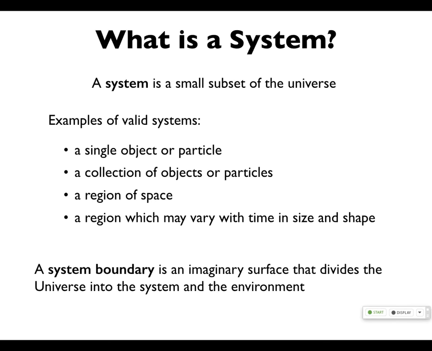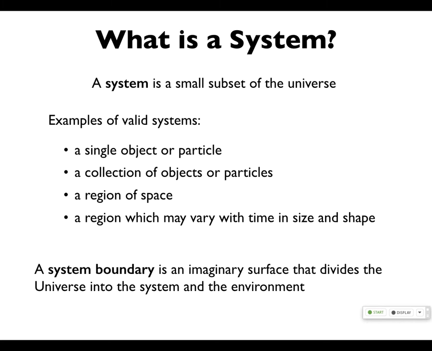All right. So let's talk a little bit about some definitions we need to understand what's going on. So what is a system? Okay. This is a very abstract concept, but it's pretty important. So the system is a small subset of the universe, okay?